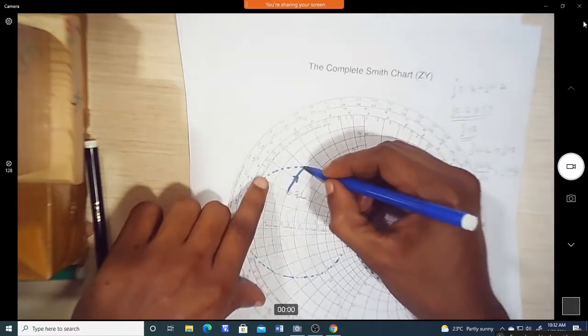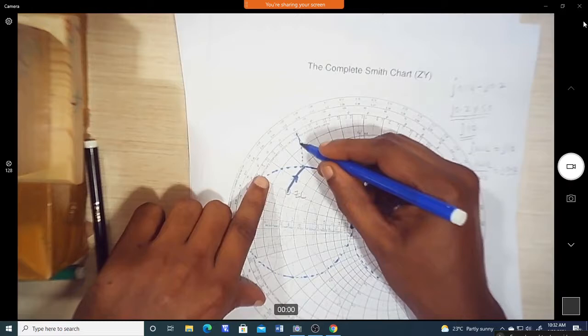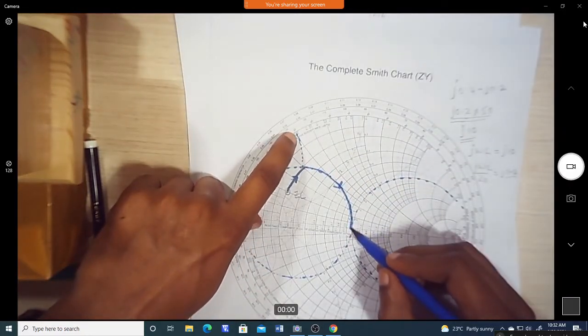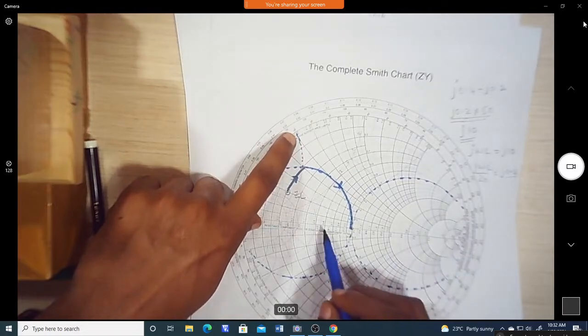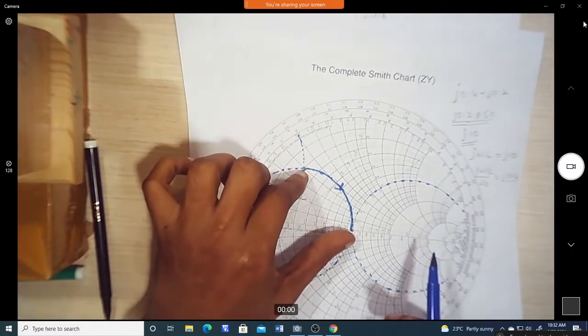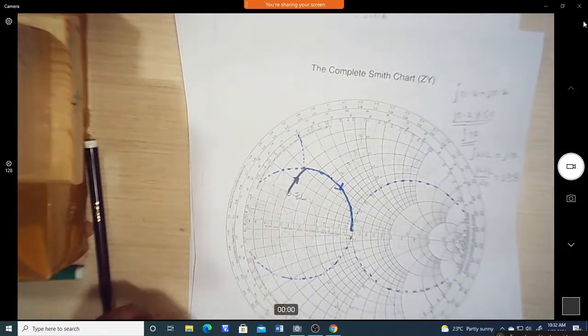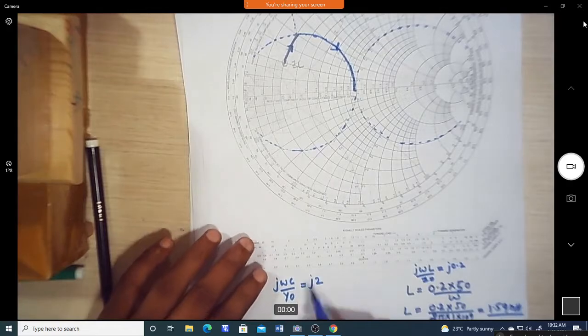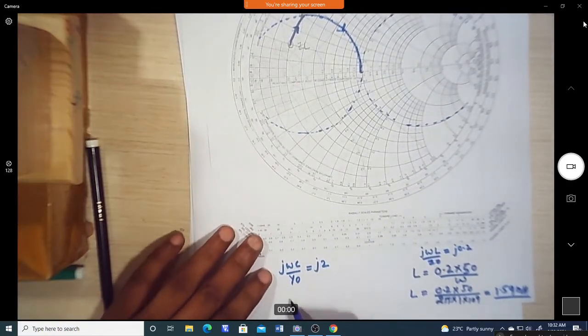Here the susceptance value is 2, and here it is 0. So the susceptance we are getting is j2.